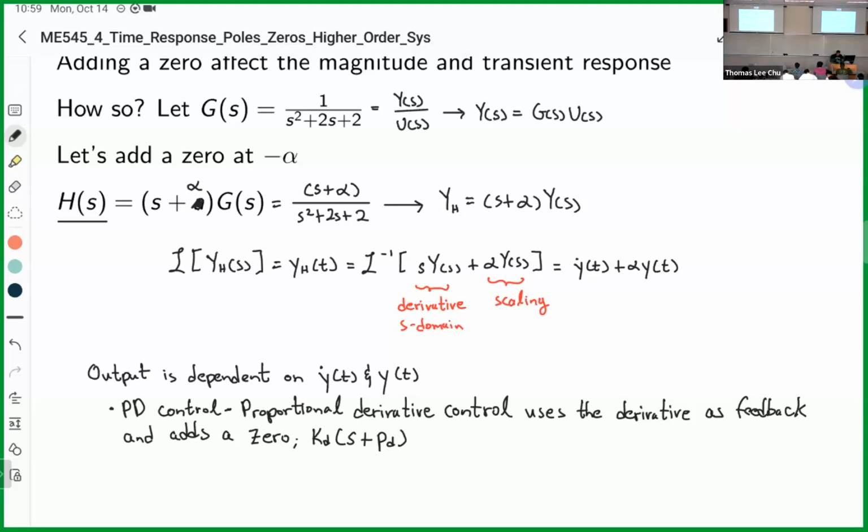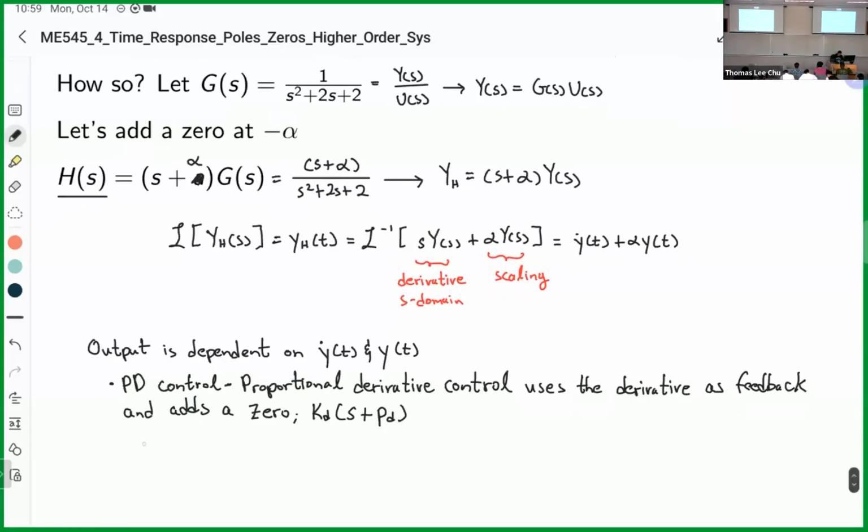And for PD control, all the zeros are negative. Always. You do not want a positive 0. Positive zeros are actually quite annoying to deal with. There are systems with positive zeros which will affect how a system responds.